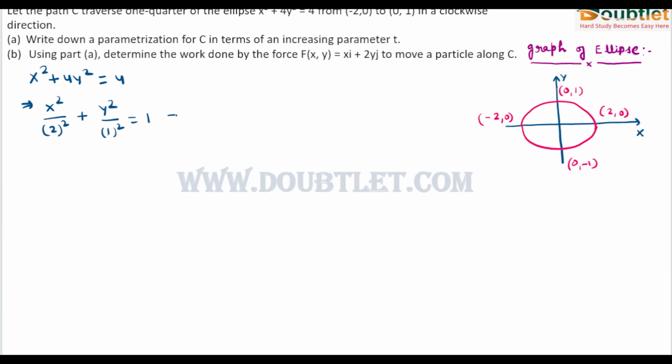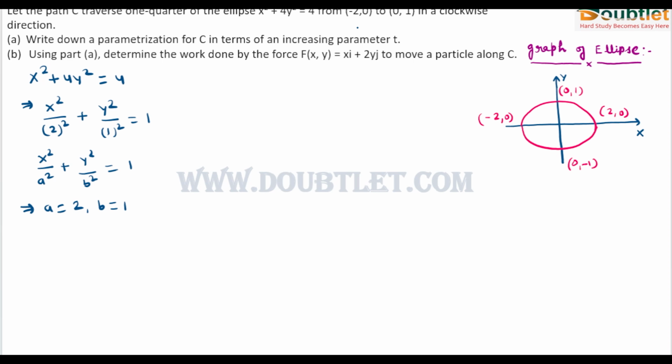And the standard form of ellipse is x square divided by a square plus y square divided by b square is equal to 1. So from comparison we can see that a is equal to 2, this is the semi major axis, which is half of the major axis, and b is equal to 1, the semi minor axis, and 0 comma 0 is the center. So accordingly I have drawn this ellipse. This point is 2 comma 0, this point is minus 2 comma 0, this point is 0 comma 1, and this point is 0 comma minus 1.